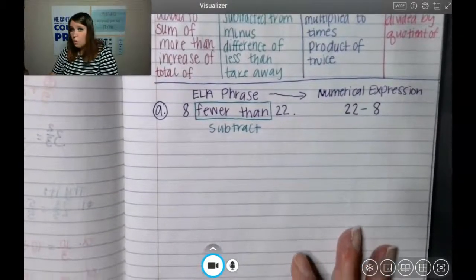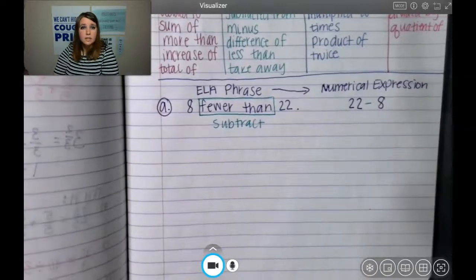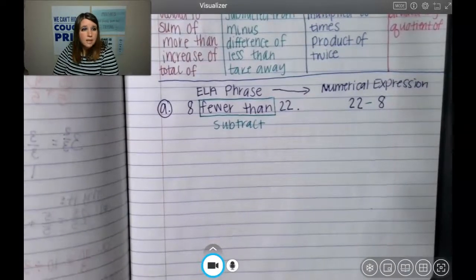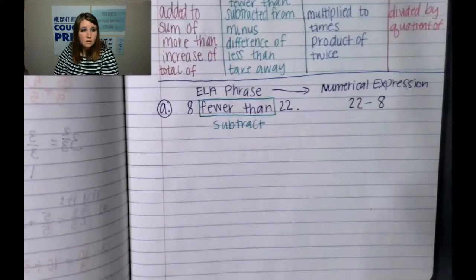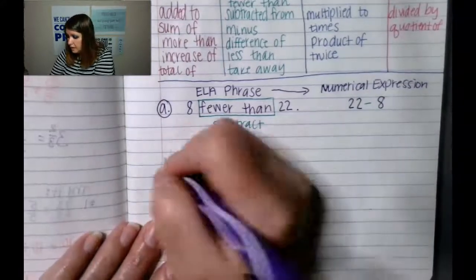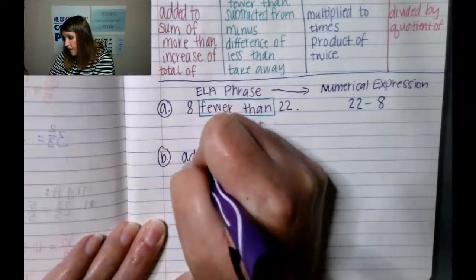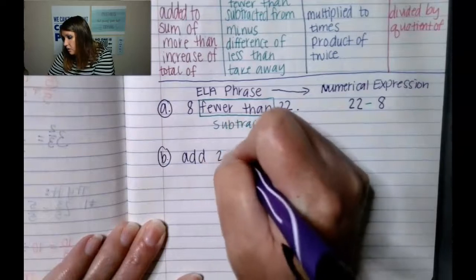Okay, let's do another one together. Let's do, add 2 to 8. Okay, so let's do that one. Well, this one should be pretty easy, right? Add 2 to 8.